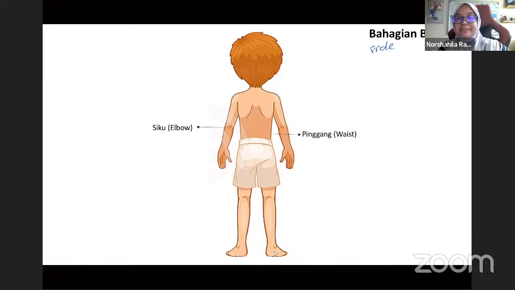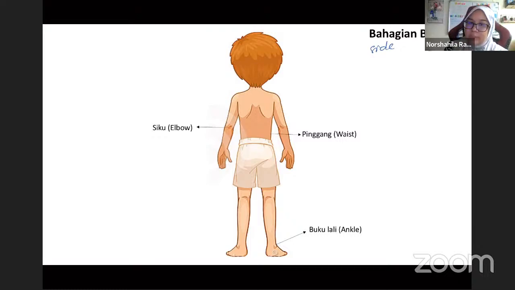Pinggang. So that one is the waist part.